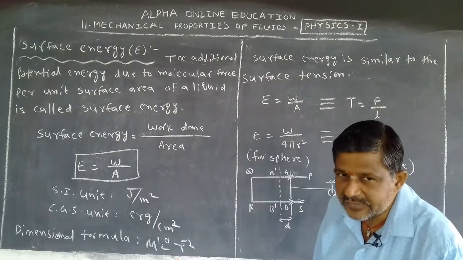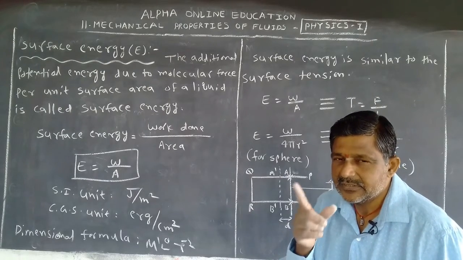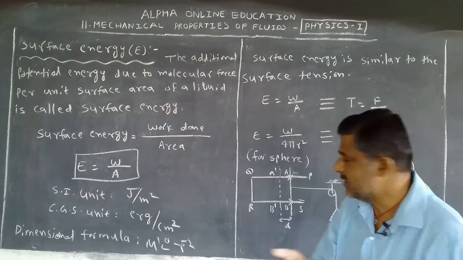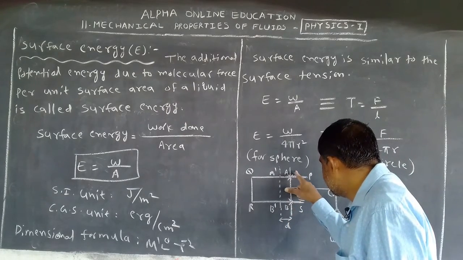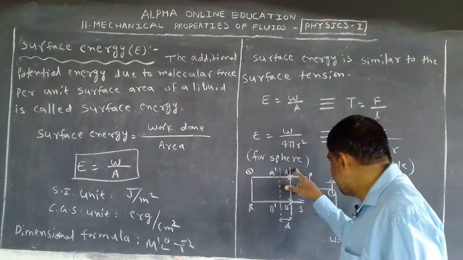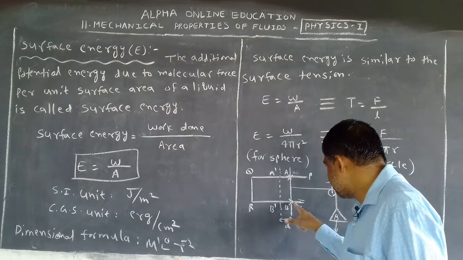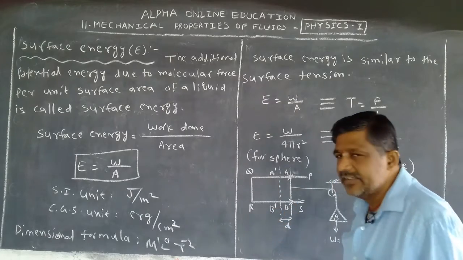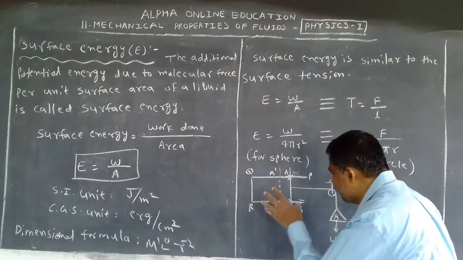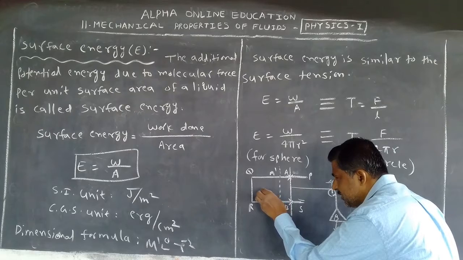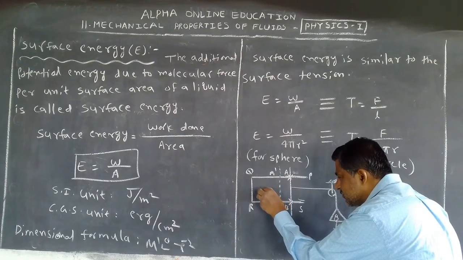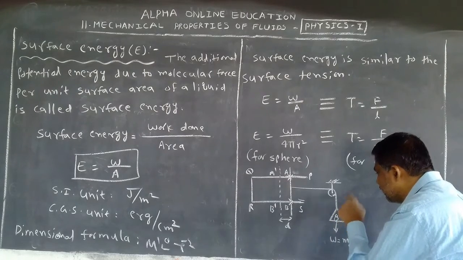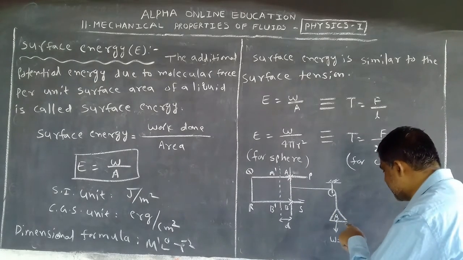But we know that due to surface tension, the liquid has a tendency to occupy less area. That's why the thin massless string at AB moves from AB to A dash B dash. Due to surface tension it wants to occupy less area. Already we have connected this to a pulley which has a pan.